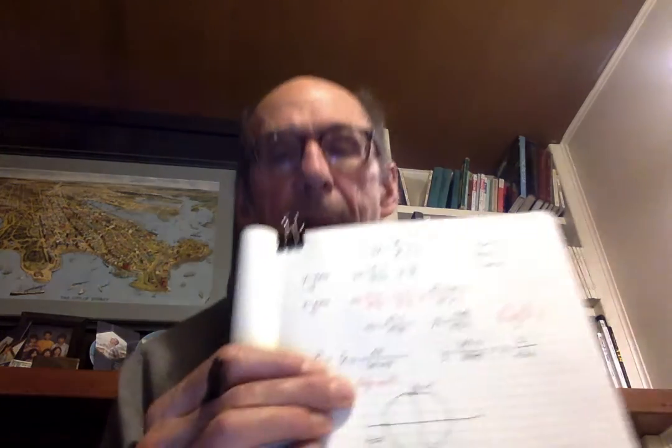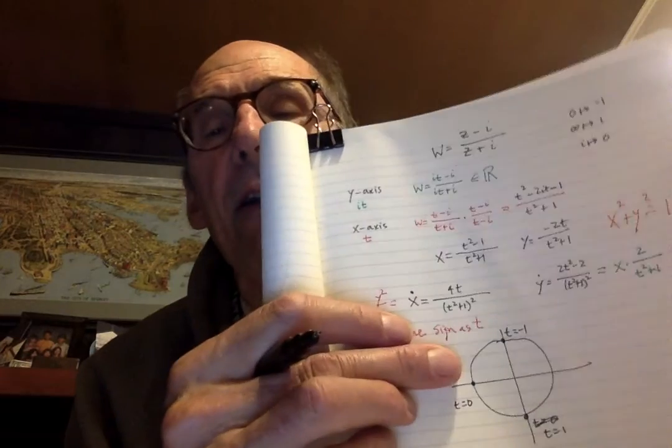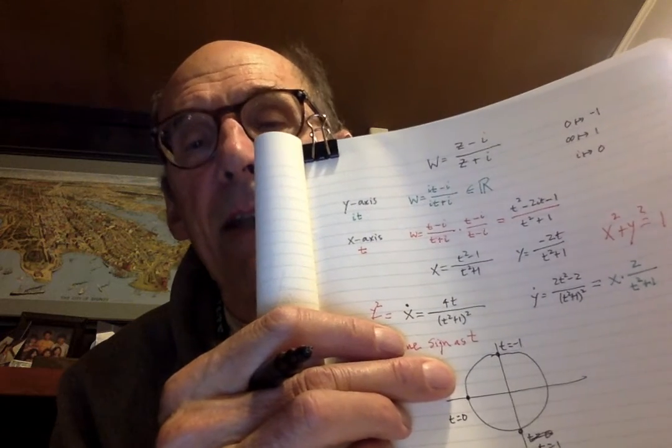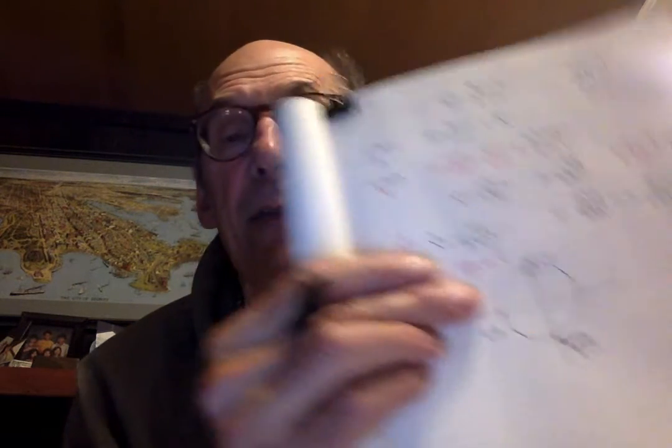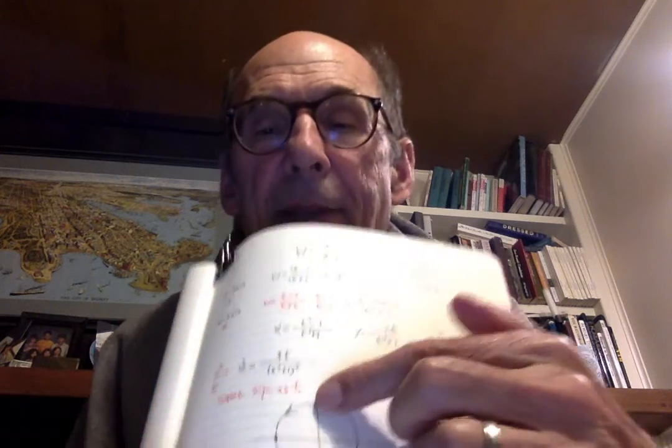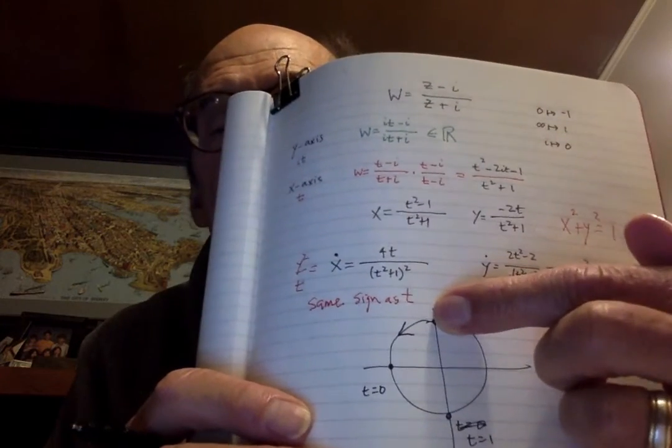So now we can just start to fill in some of the blanks and see that we're actually seeing a circle out of this. So in this quadrant here, what we have is that t is negative, so x is decreasing, and x is negative, so y is decreasing. So I'm just going to draw an arrow that shows what's going on there. x is decreasing and y is decreasing, bada bing. Okay.